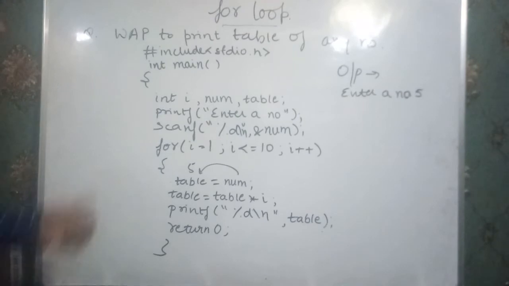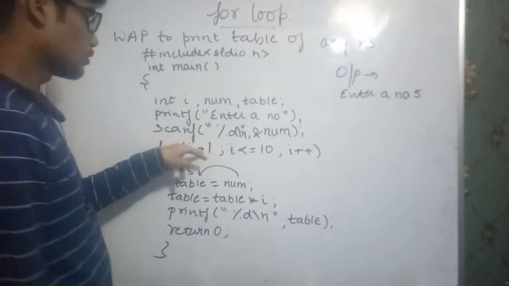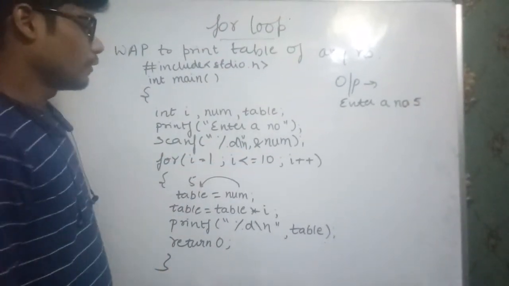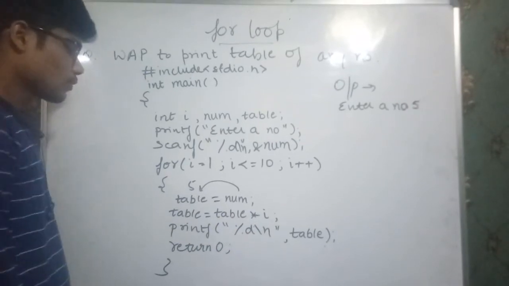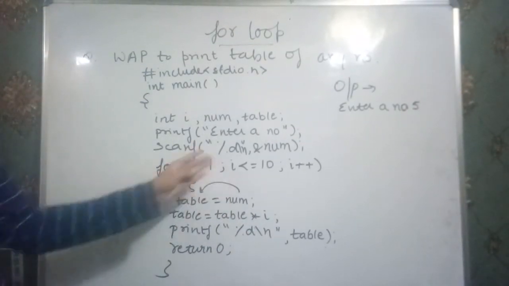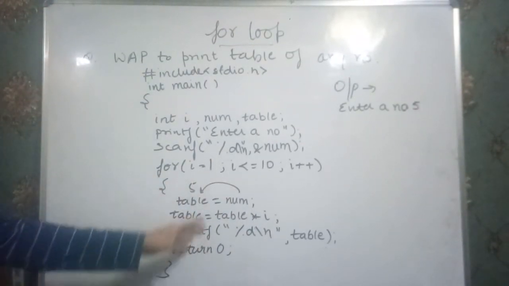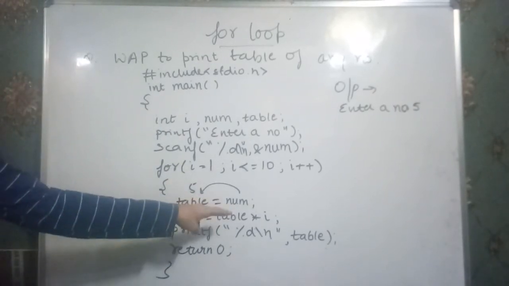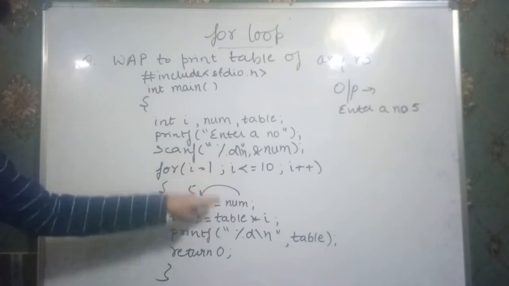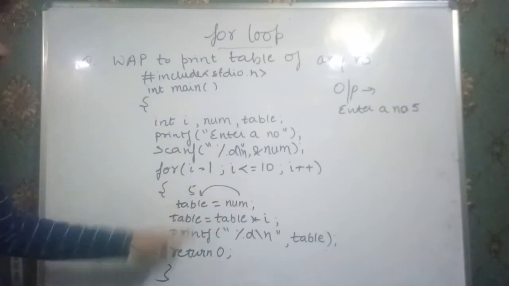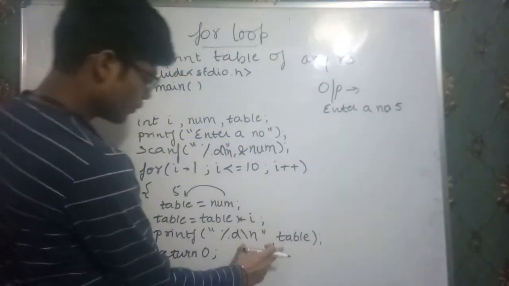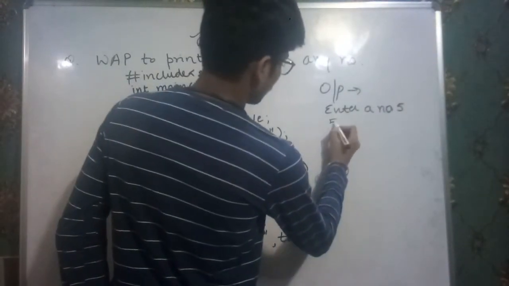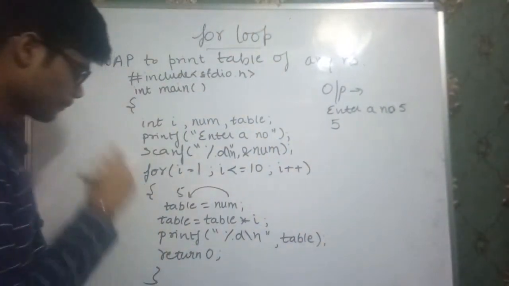When we come to the condition, we check 1 is less than or equal to 10, condition true. So we go inside the loop and transfer the num value into table as 5, then table is equal to table into i, that is i is 1, so 5 into 1, that is 5. So for that we will print the table, so 5 will be printed.